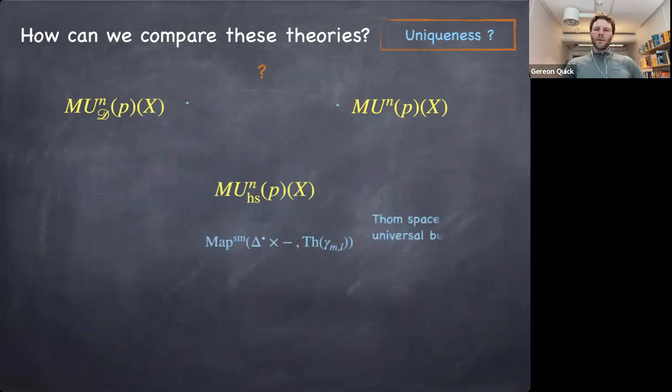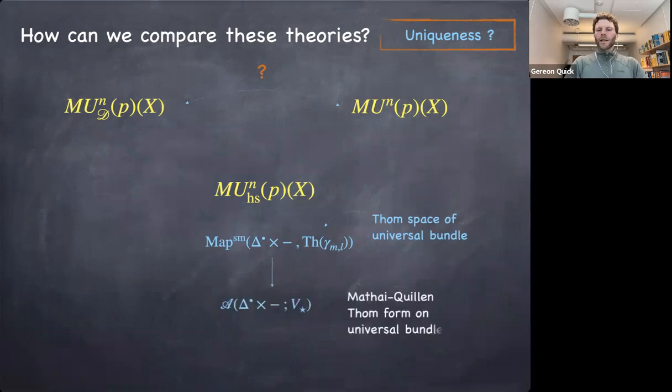So there we have an intermediate version which is both geometric but also has the homotopy flavor. So we look at the smooth maps from the standard n-simplex. And then here we could plug in, what I would like to write as a functor, complex manifolds, and then we go to the Thom space of the universal bundle.